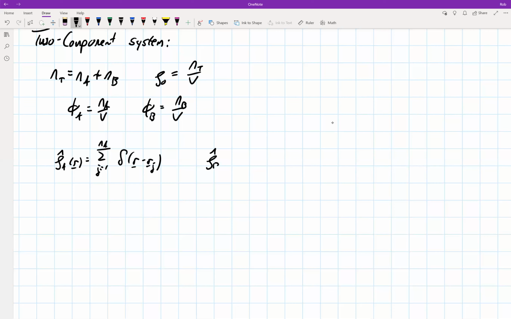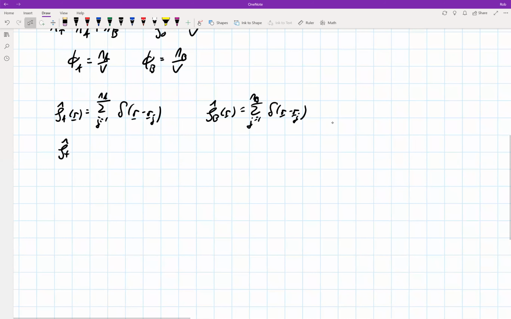Similarly, we'll have a rho hat B of r. I'm also going to define one of the other microscopic density operators that we're going to need, this rho plus, which is just the sum of the 2, so it tells you about the spatially varying total density: rho hat A of r plus rho hat B of r.